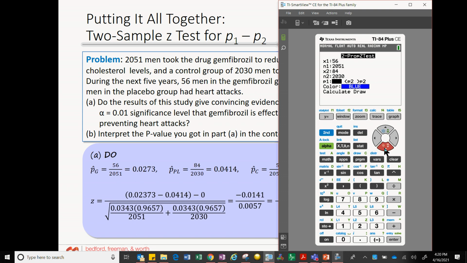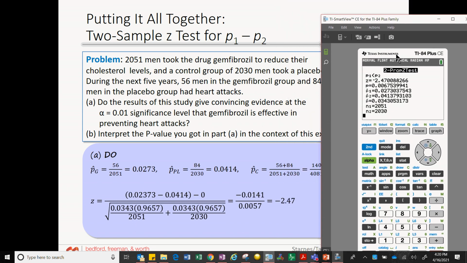And this one was a less than. So I scroll down, I hit calculate. So it would be after I wrote this down on my paper that I would use my calculator to get that negative 2.47.